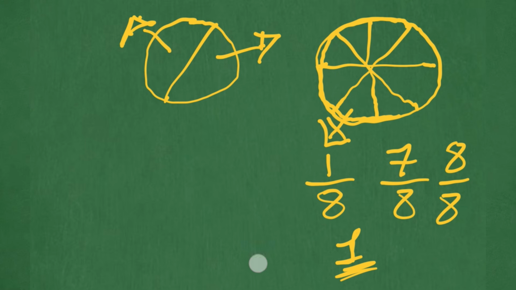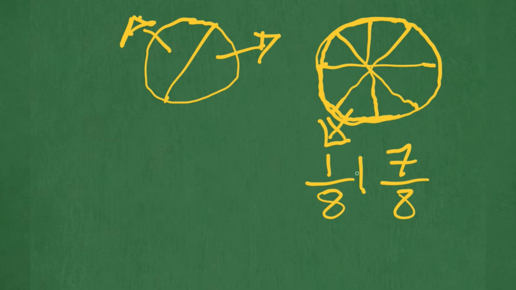So in fractions, when we are adding fractions, this is addition we are talking about. Adding fractions. If we have a common bottom number, we can simply add the top numbers, right? Here in this example, 1 plus 7 is 8. And we can keep the bottom number 8 as it is.